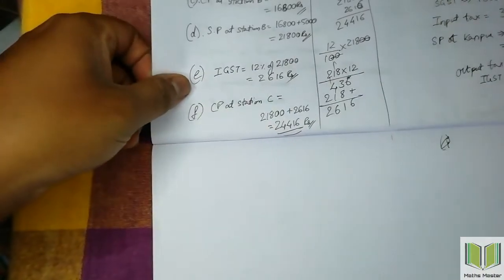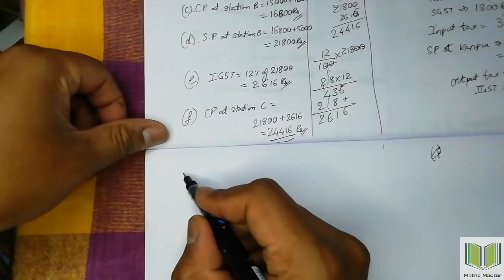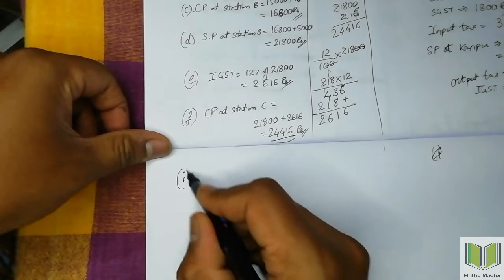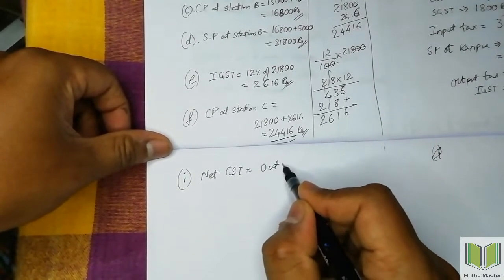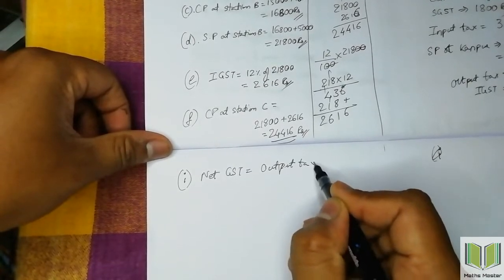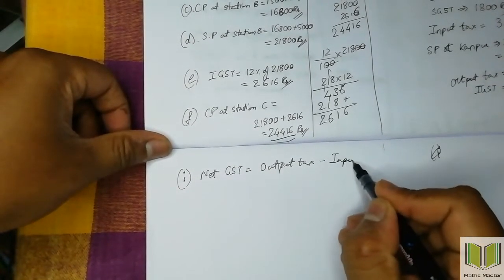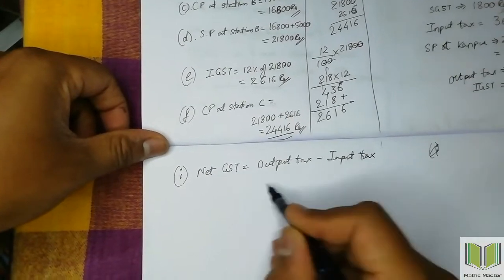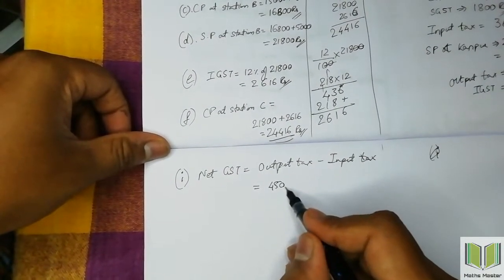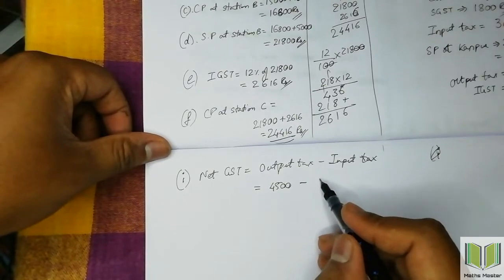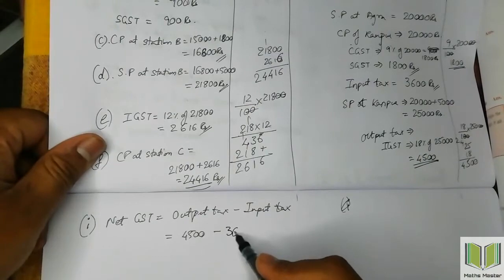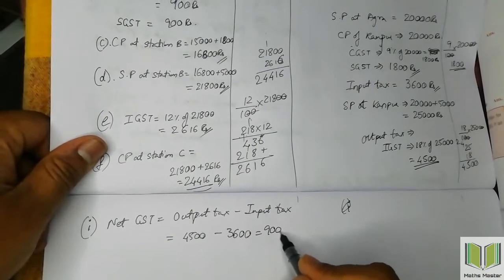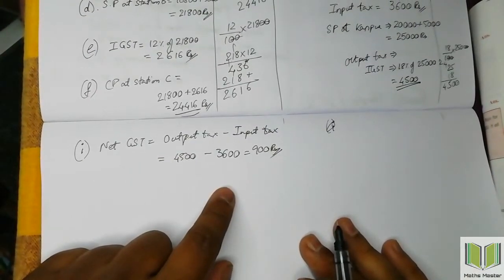Now, net GST will be equal to output tax minus input tax, which is equal to 4,500. We already did IGST, which is equal to 4,500, minus input tax. The 3,600 rupees is the input tax. If I subtract it over here, I'll be getting 900 rupees. So 900 rupees is the net GST paid by the Kanpur person.